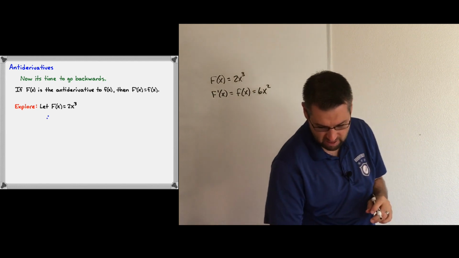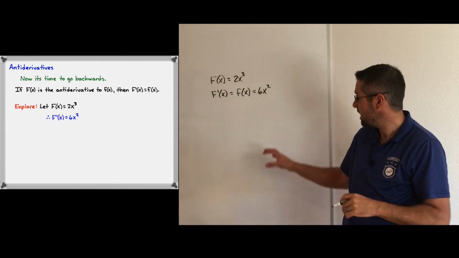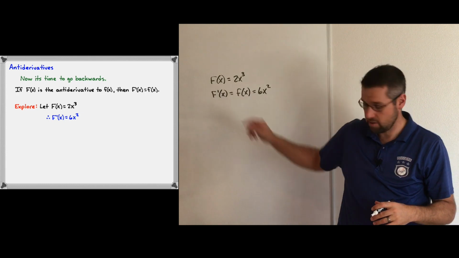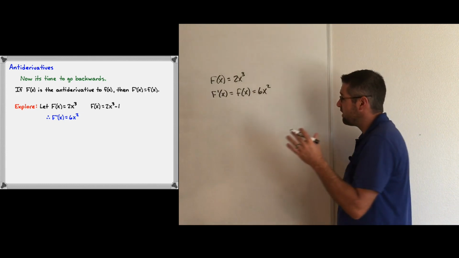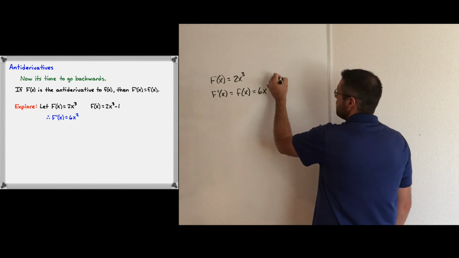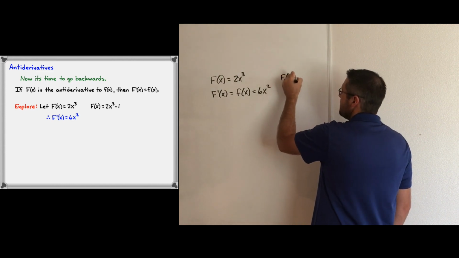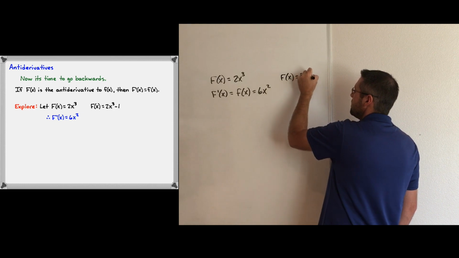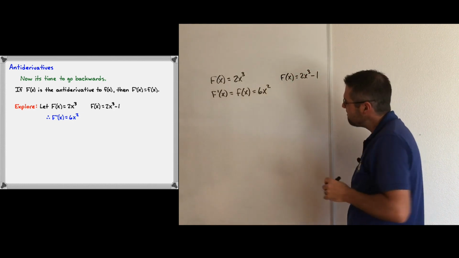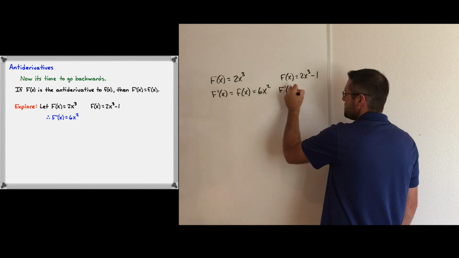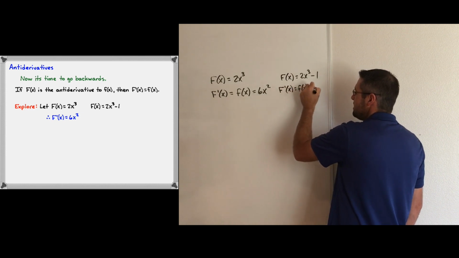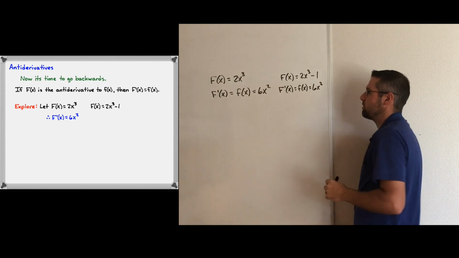Okay, so I think I have that in the lesson here, but just so we can see that, and notice I added that little statement there that helps us understand things. Now, if I look at this other example, if capital F of x is equal to 2x cubed minus 1, if I were to take the derivative of that guy, that would be capital F prime of x, which equals f of x, is still equal to 6x squared.